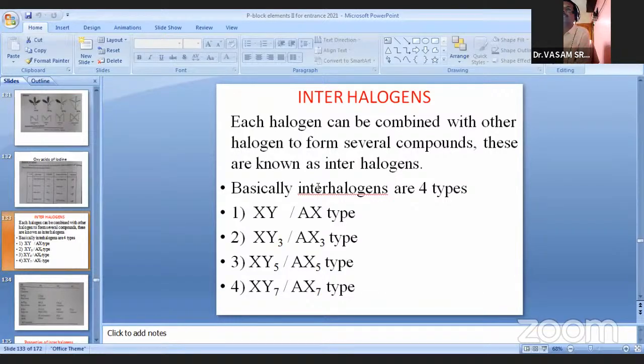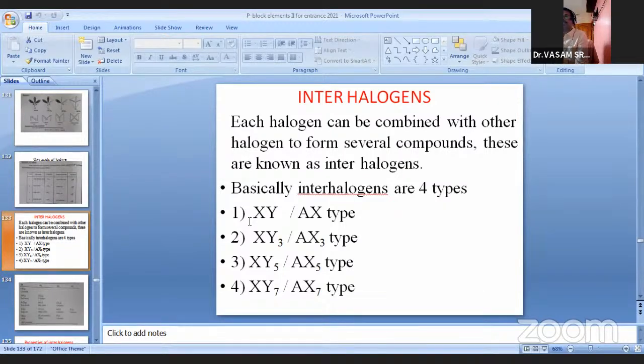You see the definition. Each halogen can be combined with other halogens to form several compounds. These are known as interhalogens. Basically, interhalogens are of 4 types: AX type, AX3, AX5, AX7.